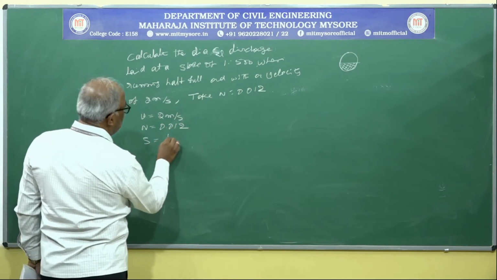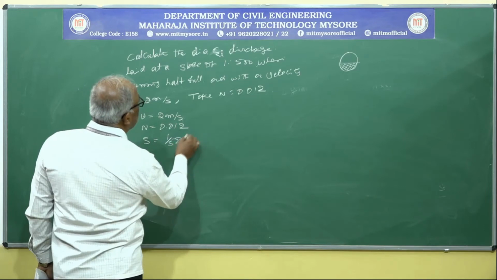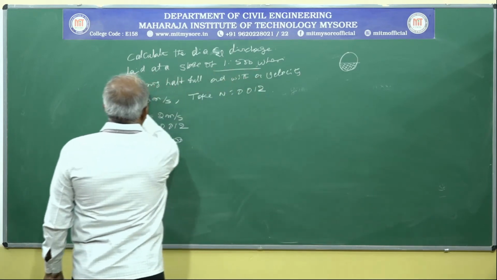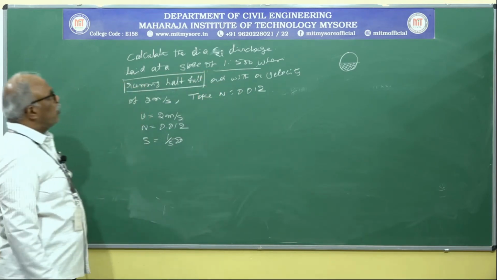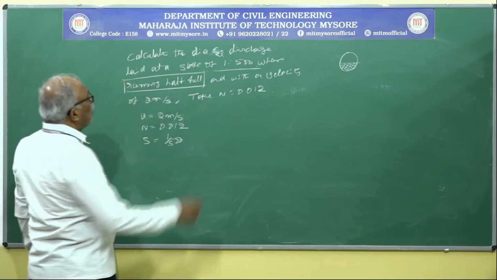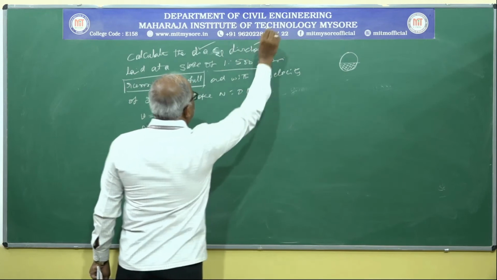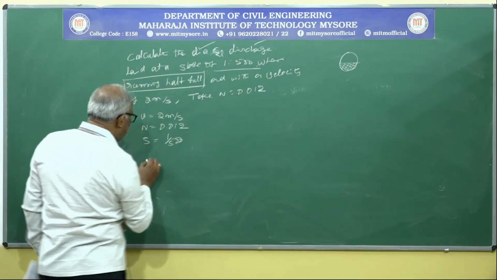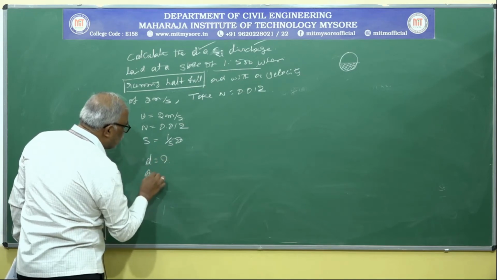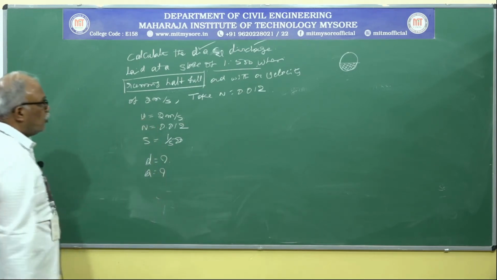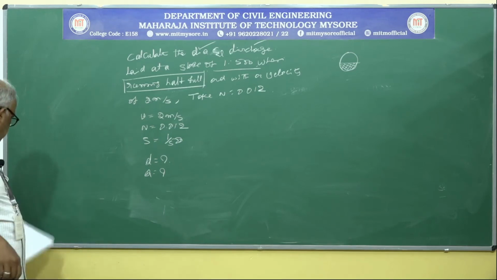Slope is also given, that is 1 by 500, and it is running half full, not fully flowing. So according to the problem, we have to calculate the value of dia and discharge based on this data.